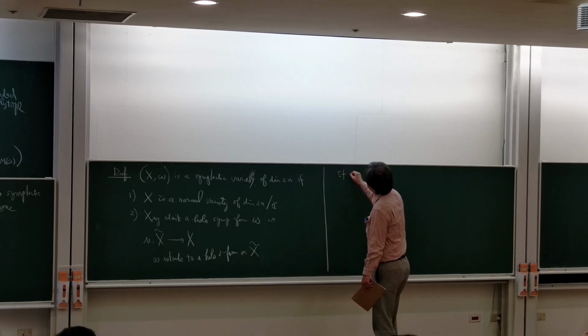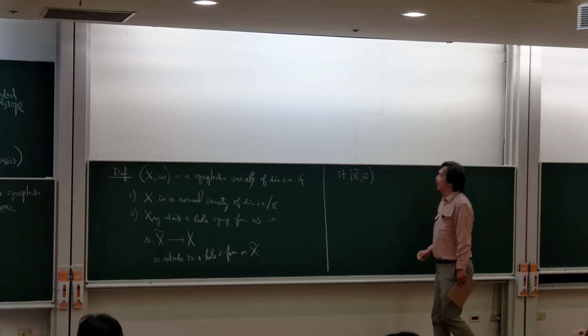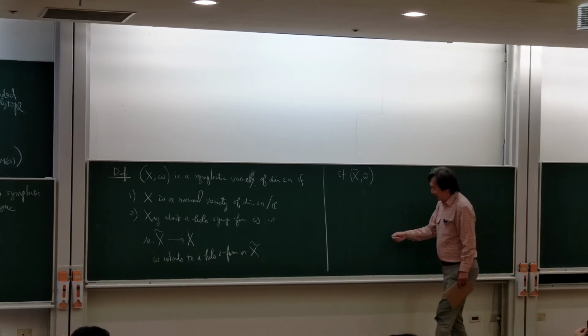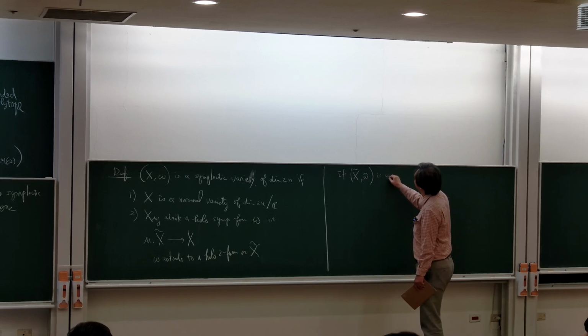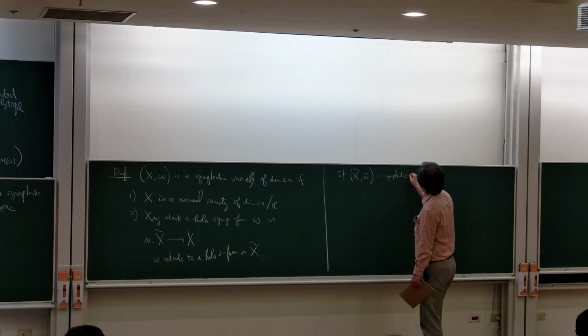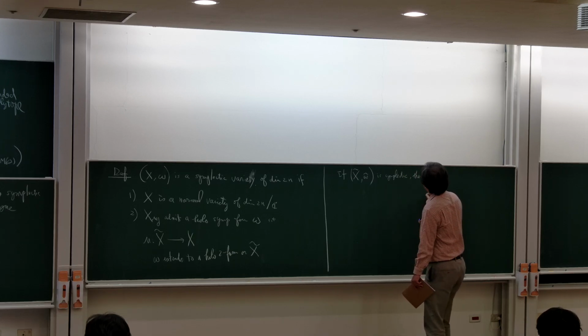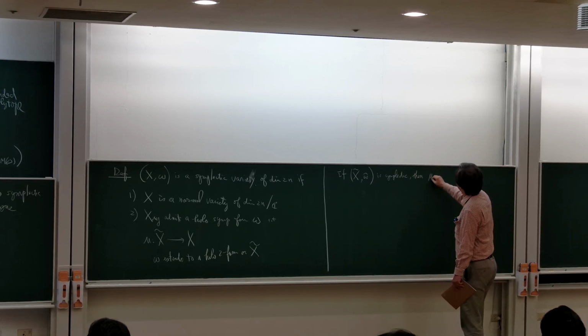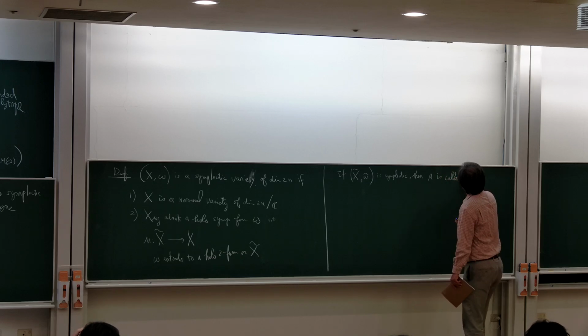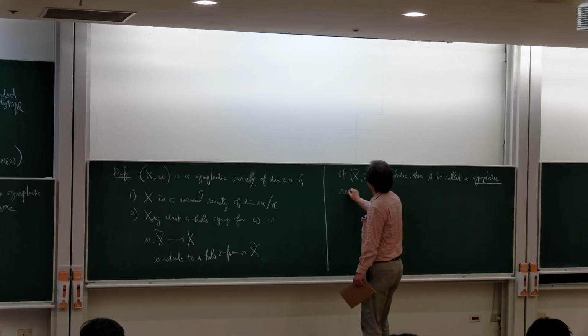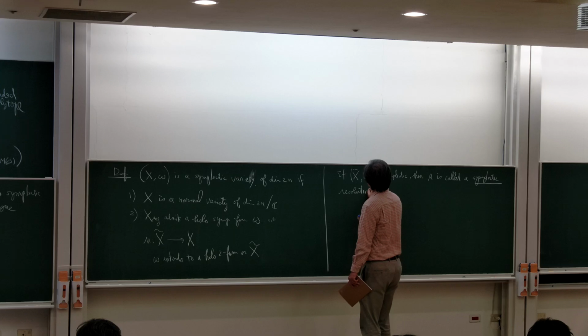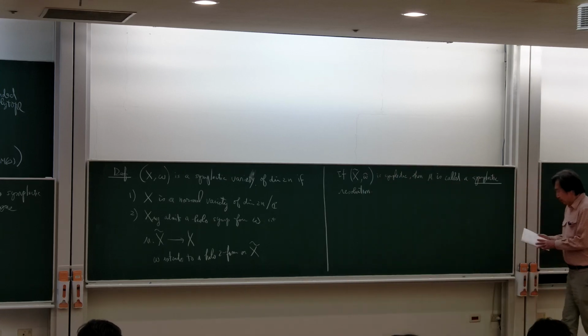So if mu from X tilde to X, with the extended 2-form, is symplectic, then mu is called a symplectic resolution.